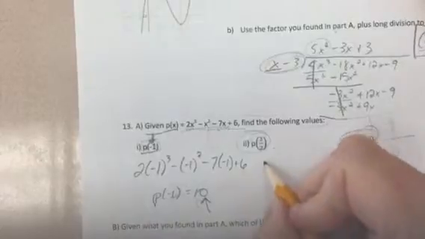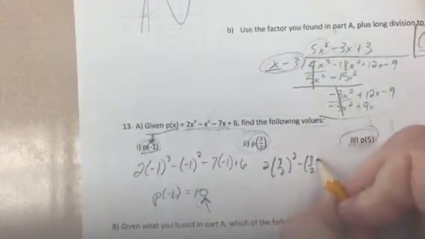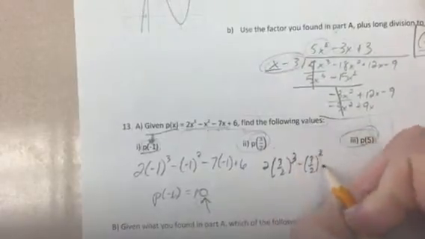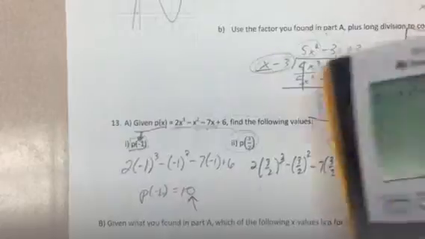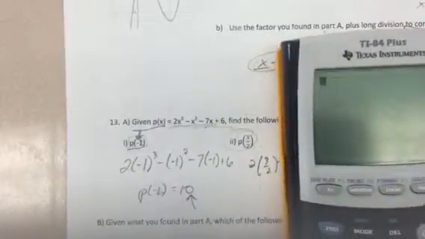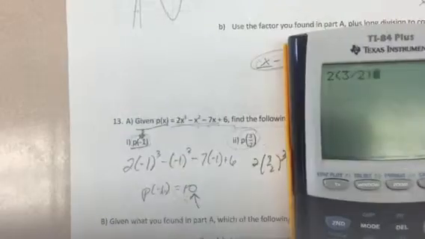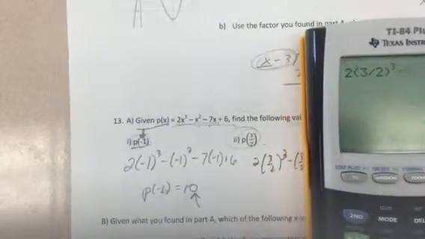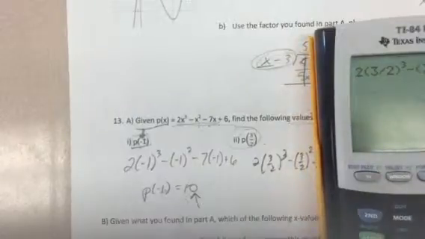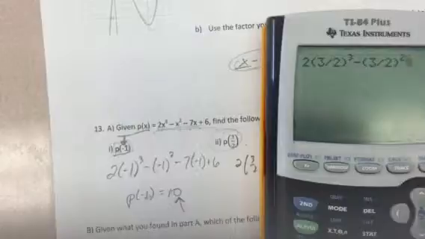So I'll go ahead and plug 3/2 in. You can get a fraction in your calculator a couple of ways, but again, if you just use parentheses, the division bar works really well. So if you just know how to use parentheses to group things properly, you can enter fractions pretty easily.